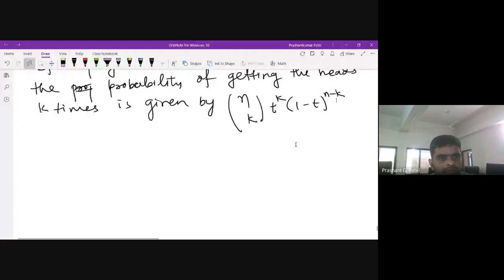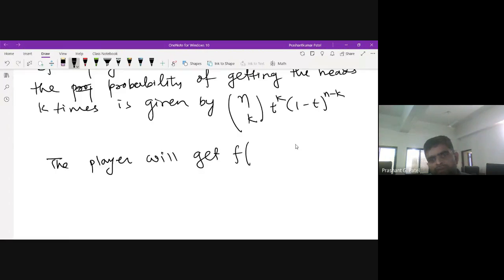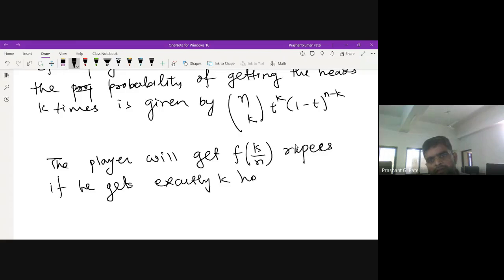The player will get f of k by n rupees if he gets exactly k heads out of n tosses.